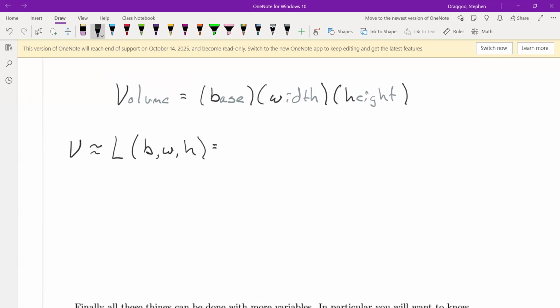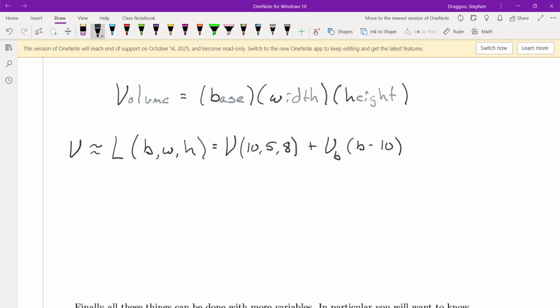That thing is going to be the volume evaluated at 10 and at 5 and at 8 plus a partial derivative of the volume with respect to the base times the actual base minus the target value, right?